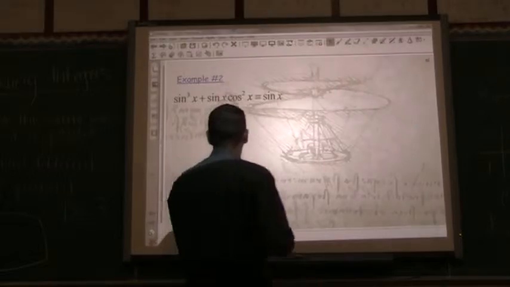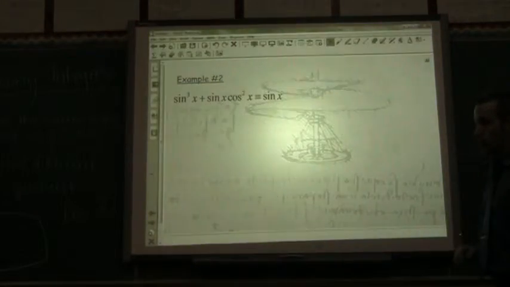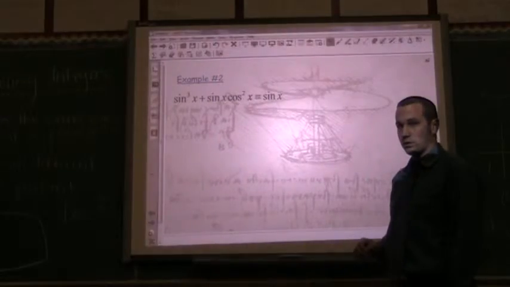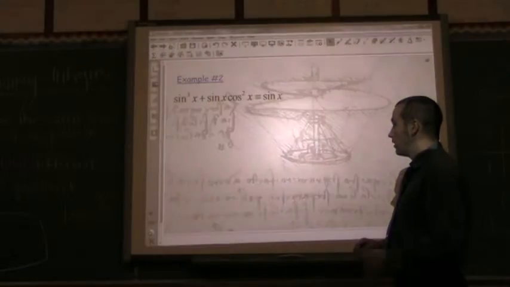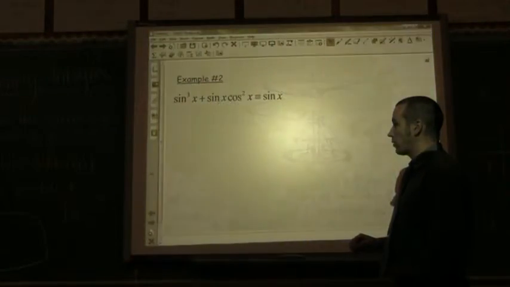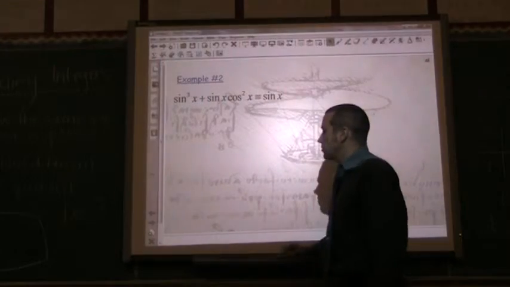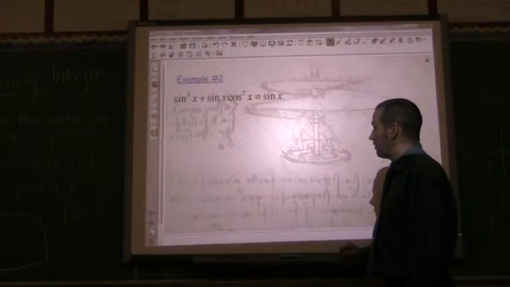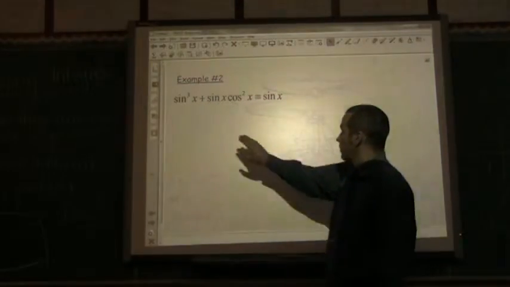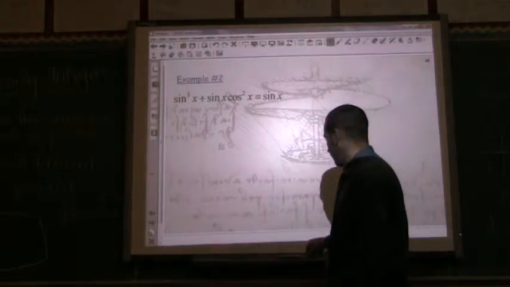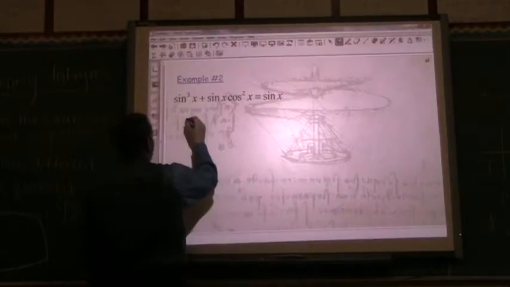Okay, so here I have an equation where everything is already in terms of sine and cos. So I can skip right past that first step. So I'm going to be looking to either factor or expand. I can't expand, there's nothing to expand, but I can factor. Okay? I've got a sine in both this one and this one that I can factor out. So let's factor out sine in both of those.